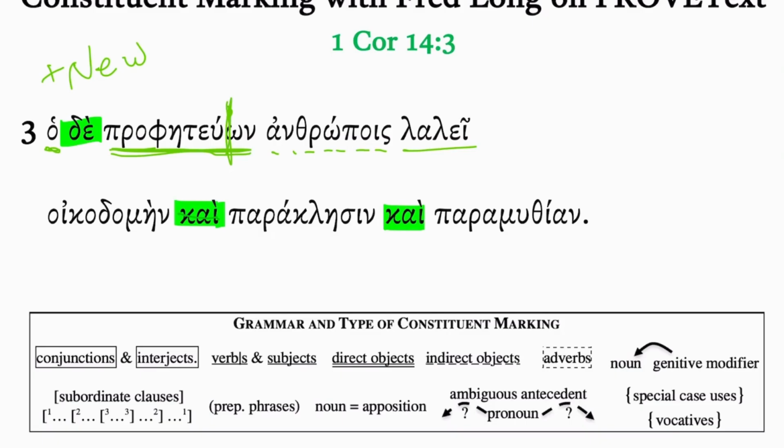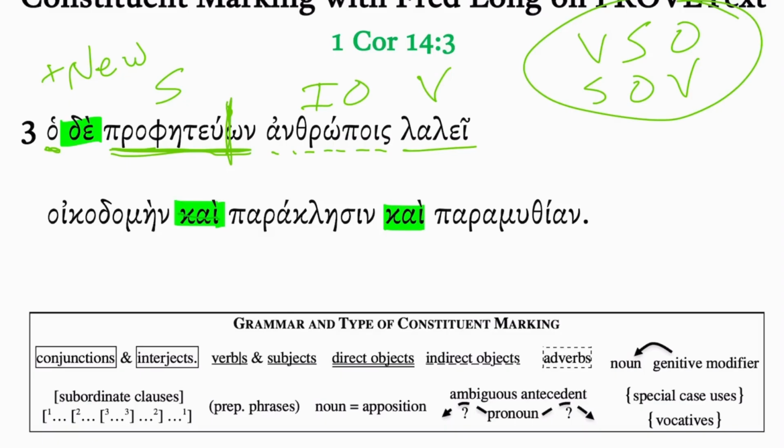And so we have the subject, then the indirect object, and then the verb. Notice that we have a really inverted word order here: subject, indirect object, and then verb. Typically, the Greek sentence is VSO, and so this is SOV in a sense. So we have a variation of word order, and we need to understand why.